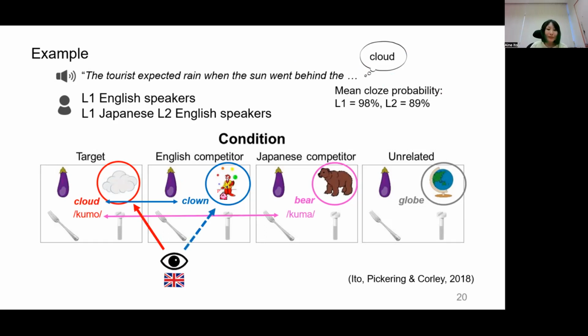For the Japanese group, we expected similar things, but additionally, because of the overlap between the target and the Japanese competitor in Japanese, if Japanese speakers predicted this word in Japanese, we might find biased eye movements to this Japanese competitor.